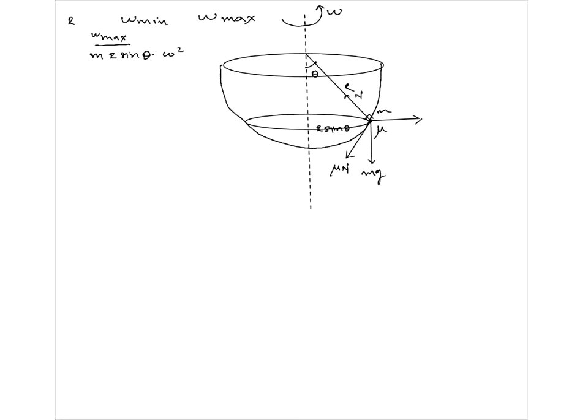So maximum is mu n, static friction. Now there are four forces and we just need to balance them.